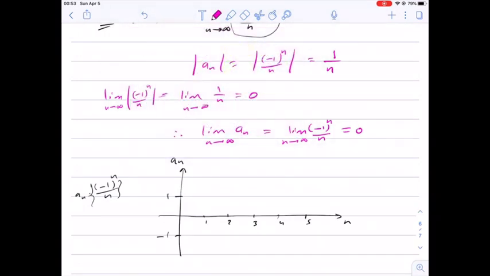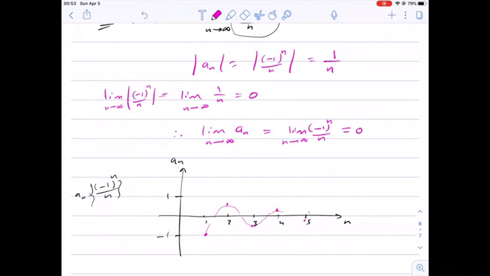If we substitute n equals 1, we get -1. Substitute 2, you get 1/2. Substitute 3, you get -1/3. Substitute 4, you get 1/4. Substitute 5, you get -1/5, and so on.